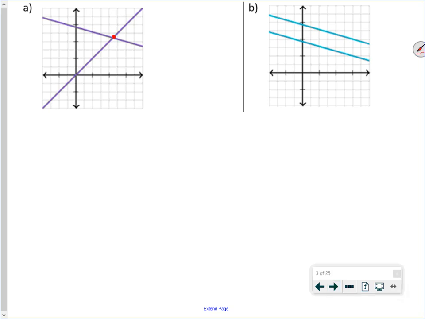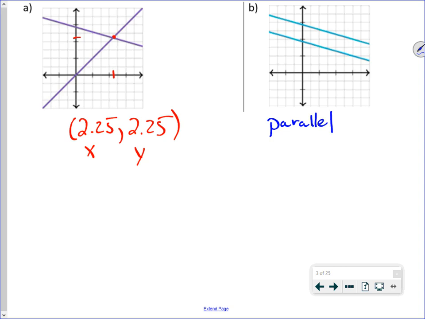Remember, the solution to the system is where the two lines intersect. On this problem, the two lines never intersect because they are parallel, which means that there is no solution.